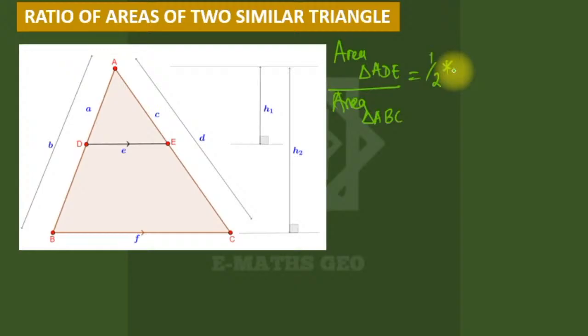So I have half base, which is half E, times the height of this small one, H1. Over the big one, half times F times H2. Yes, and if you look at this, we can cancel out. We are now left with E over F times H1 over H2.